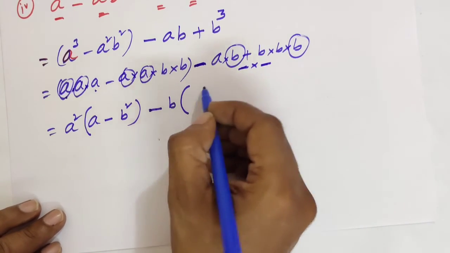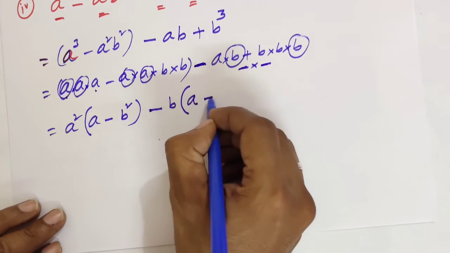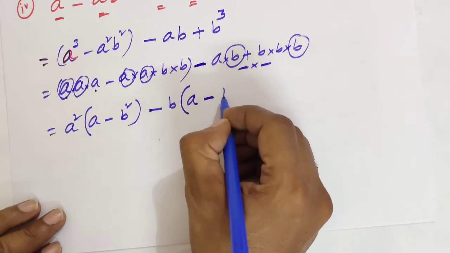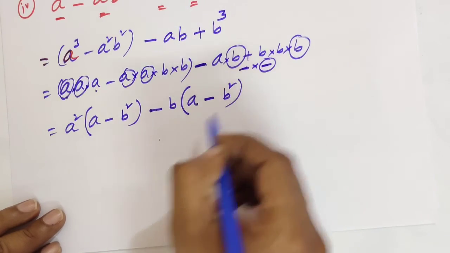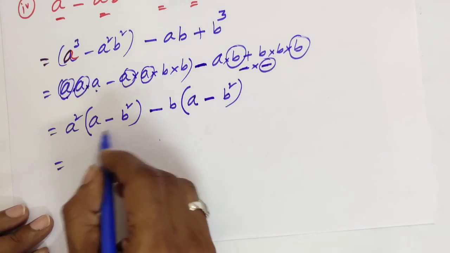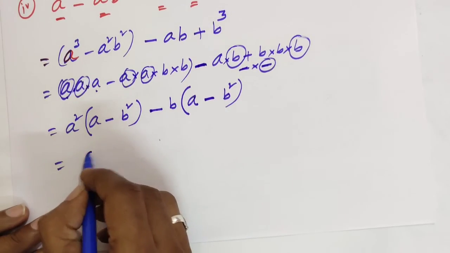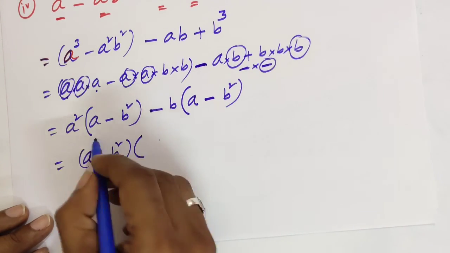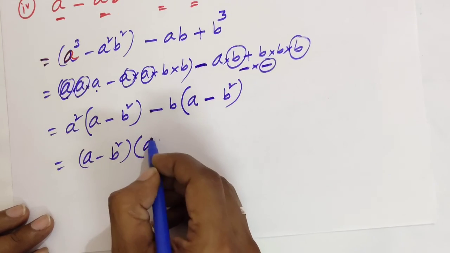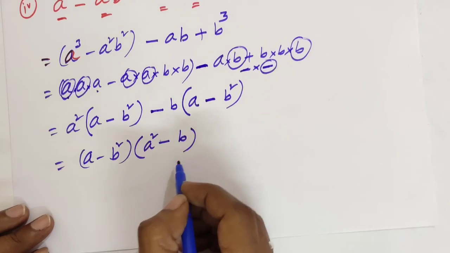Okay, so that's why minus b is the common. So remaining term, the first is a minus, next two terms remaining are b into b, that is b square. And again on observing the whole expression, a minus b square is again a common term, so a minus b square is taken outside into remaining terms, a square in the first one minus b in the second one.